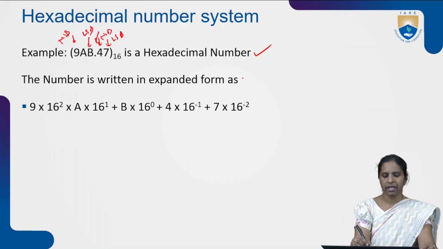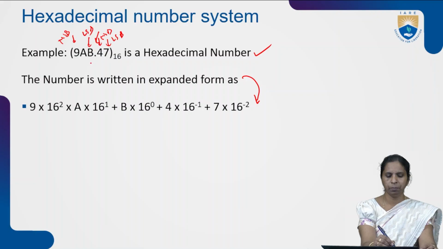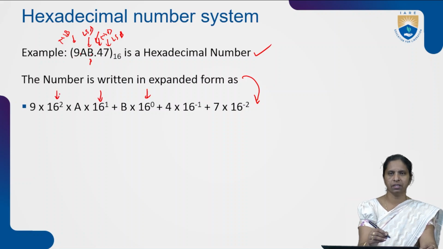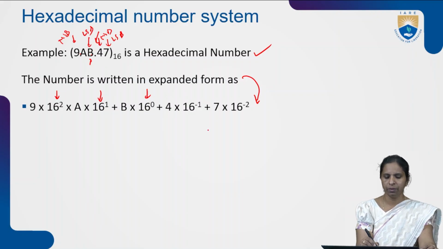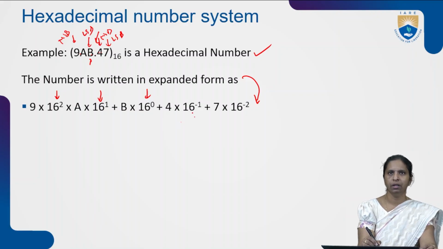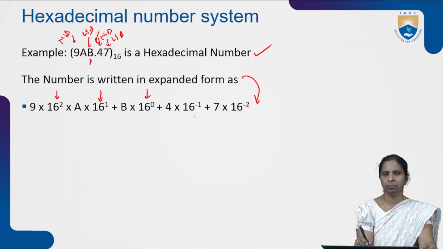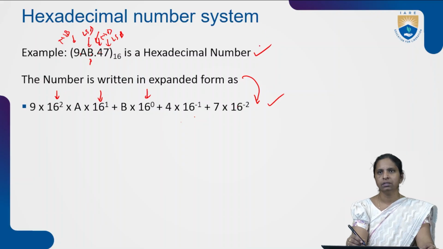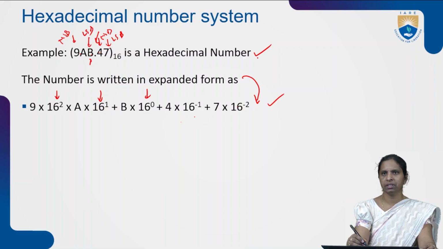Therefore, in expanded form, you can represent 9AB.47 as B into 16 power 0, then A into 16 power 1, and 9 into 16 square. Plus, after the decimal point, 4 into 16 power minus 1, plus 7 into 16 power minus 2. Like that, we can write down a hexadecimal number in the expanded form.